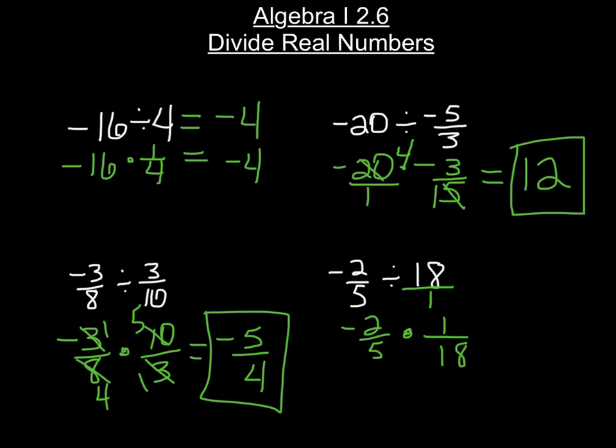All right, now we also know, again, that a negative times a positive is a negative. Now we're going to look and see if anything will reduce. 2 into 18 can reduce. 2 into 2 is 1. 2 into 18 is 9. 1 times 1 is 1 in the numerator, and in the denominator we have 5 times 9 is 45, and that is our solution.